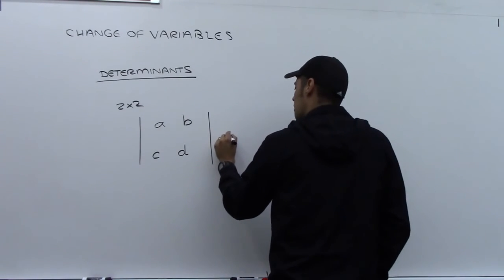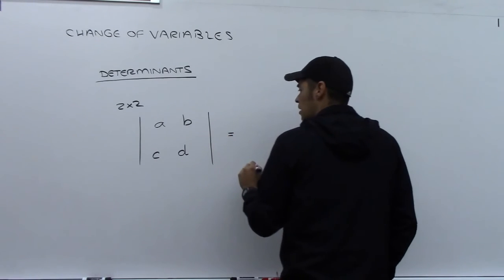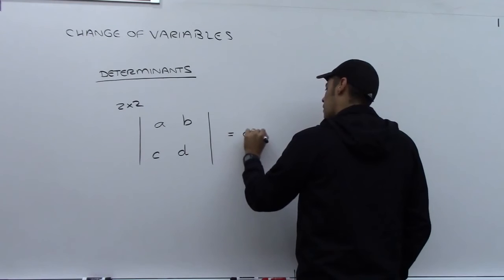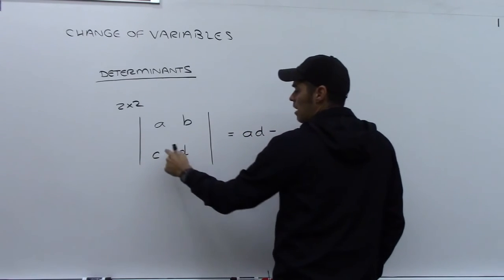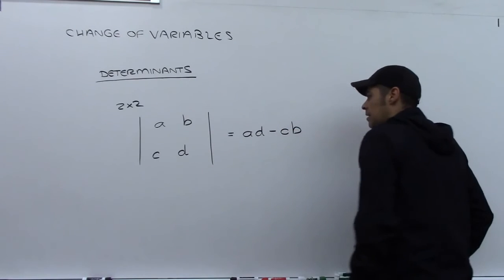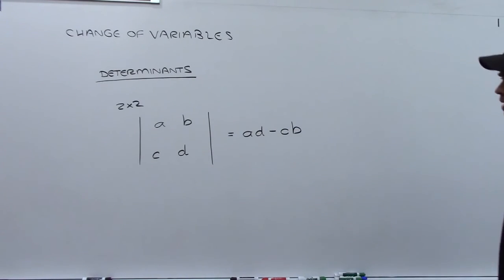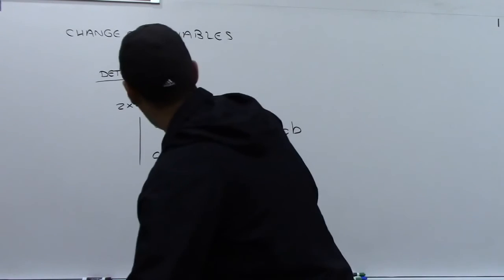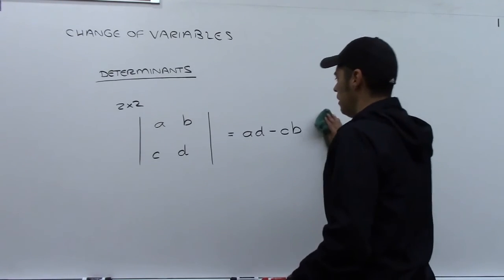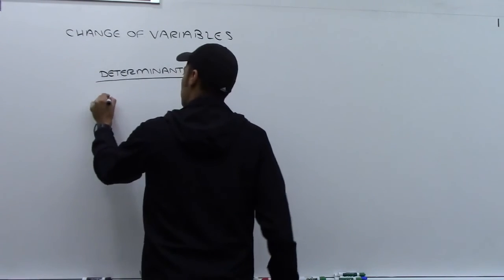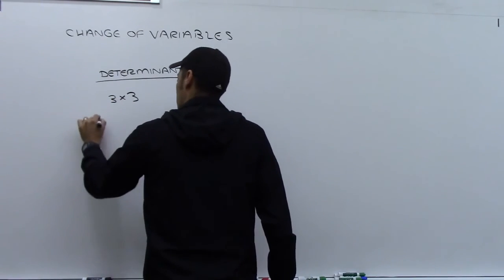So when we do the determinant, this is an algebraic computation. We do a times d minus c times b. And that's it. That's the determinant of a 2x2 matrix. Now, if we do a 3x3 matrix, it's a little different. A 3x3 matrix, we'll have to label this.